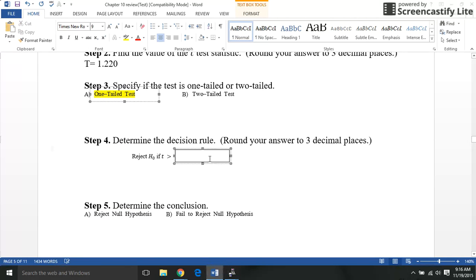All right. To find my decision rule, you're going to go to the table. If you have the book, it's table C. It's the critical values of t. And I knew this is a one-tailed test, and I knew my level of significance was 0.05. The other thing I need to know is my degrees of freedom, which is N minus 1.